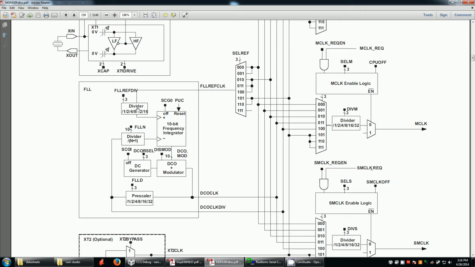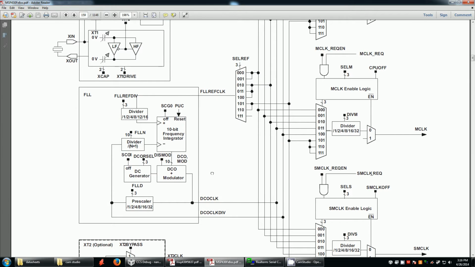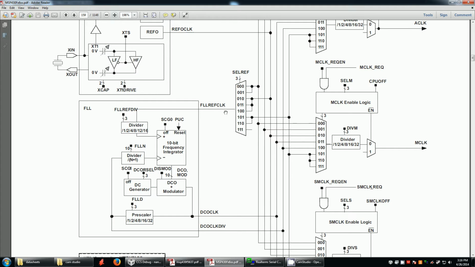Well, with the FLL, you can let the FLL configure it. And so if you look at this, this is an input. FLL ref clock is a reference clock input to this frequency lock loop, and DCO and DCO clock div are the outputs.